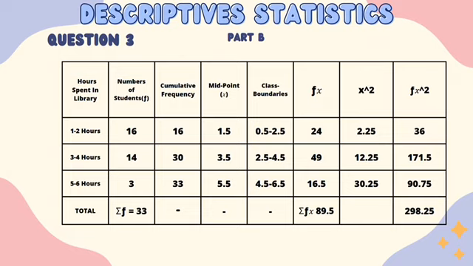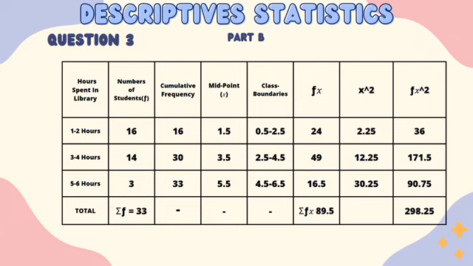Now, we will move to question 3, part B. The question from the survey asks how much time students spend at the library. From the data in the table on the slide, we can see the highest number of students gave feedback that they spend their time between 1 to 2 hours at the library.